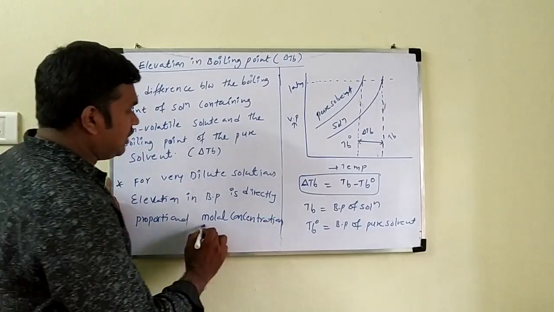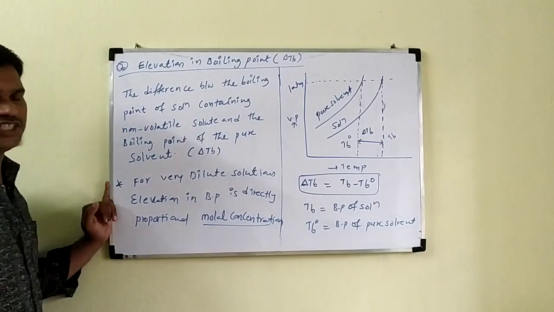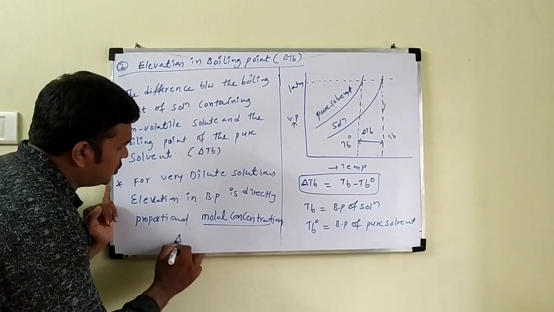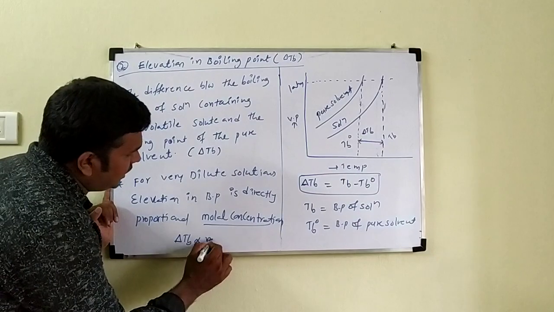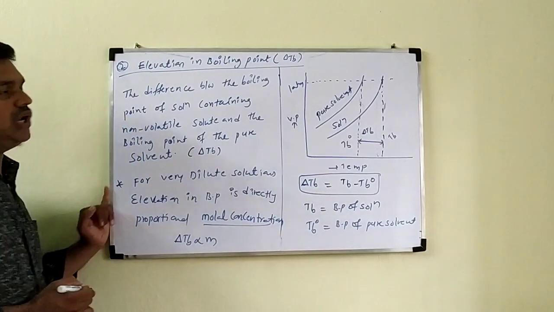What is molal concentration? Molal concentration means molality. From this, delta TB is directly proportional to molality, small m only.